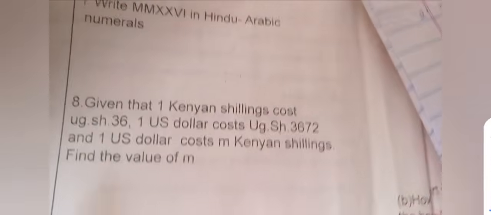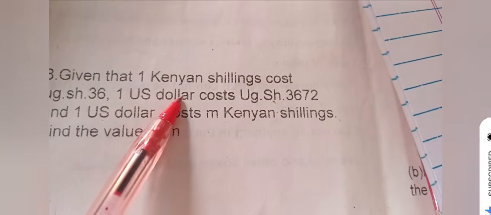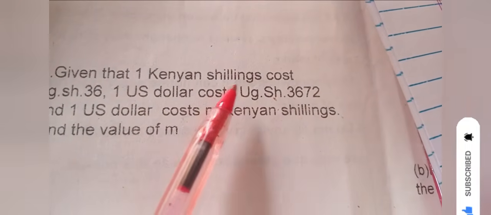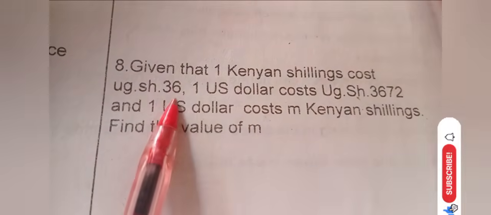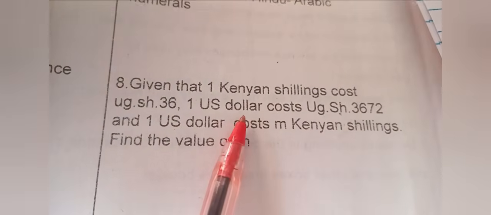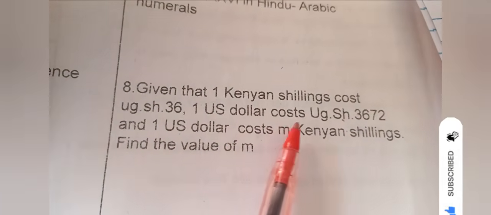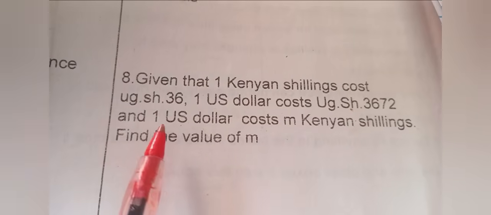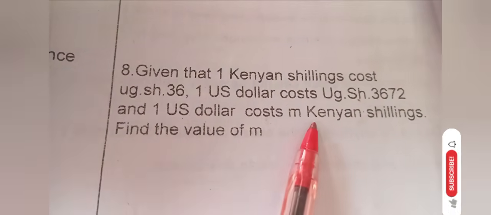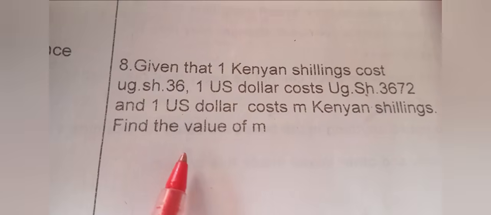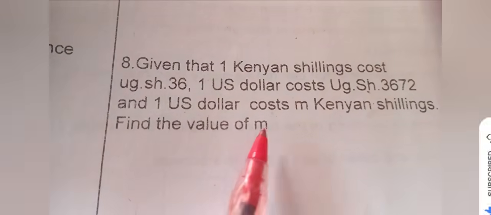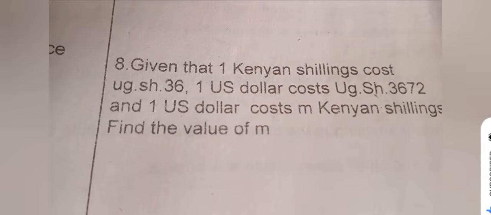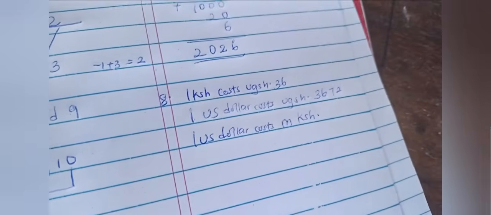Number 8. The question says, given that 1 Kenyan shilling costs Uganda shillings 36 and 1 US dollar costs Uganda shillings 3,672 and 1 US dollar costs M Kenyan shilling, find the value of M. In other words, the question is just simple, but they are just playing around with the mind.